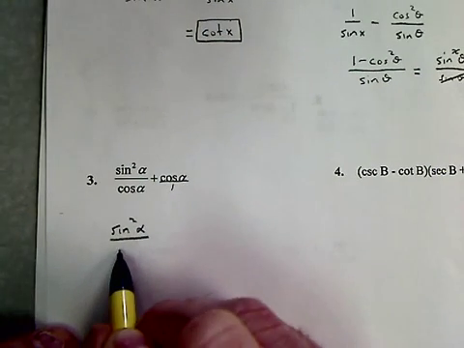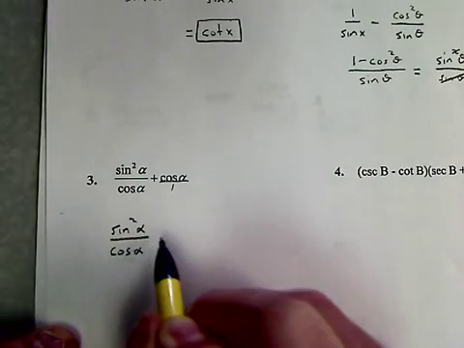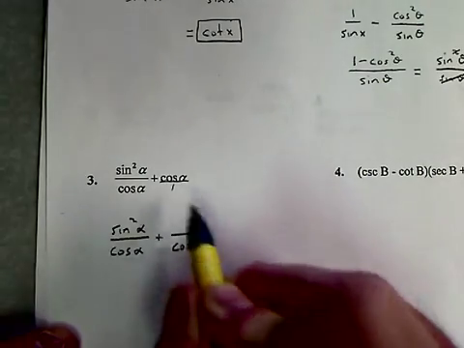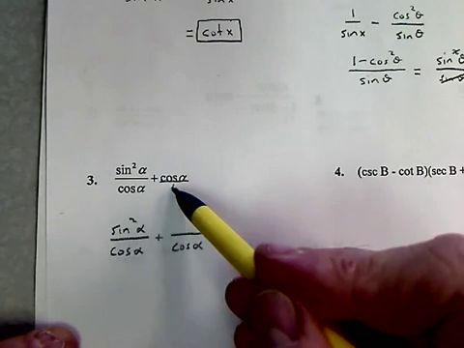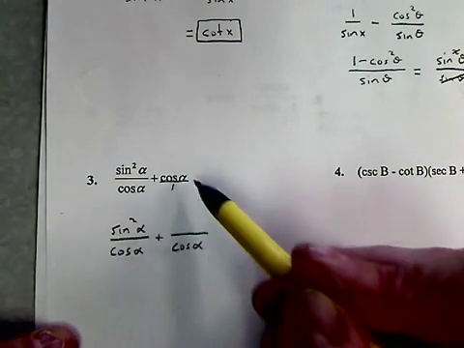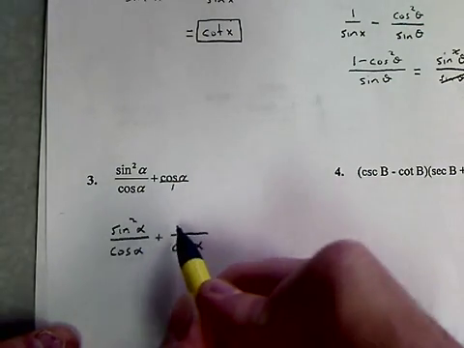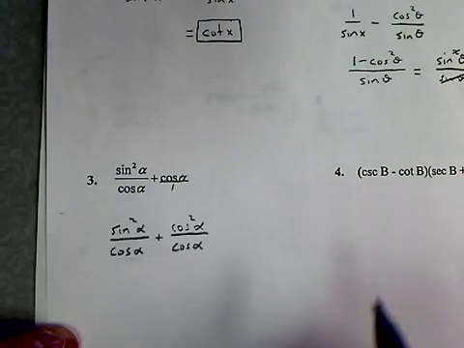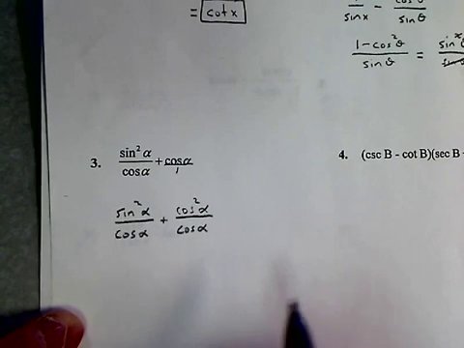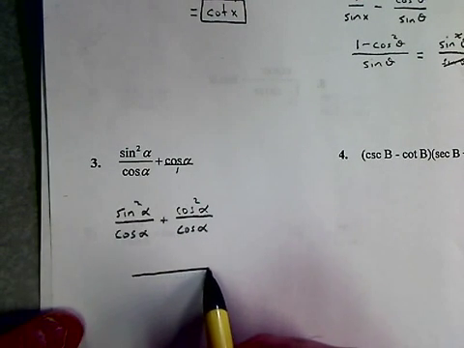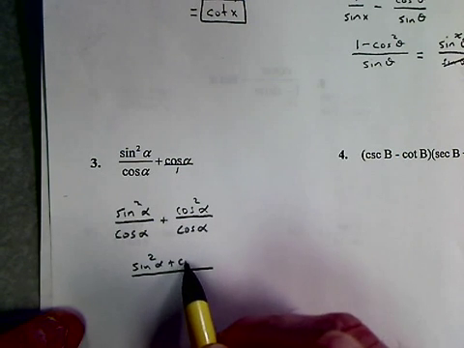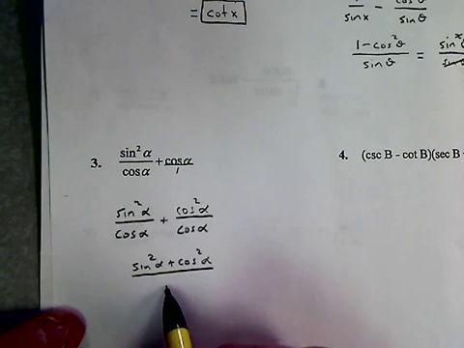So this fraction doesn't change, but I have to put cosine below here. Well, if you multiply this denominator by cosine, you have to multiply the numerator by it. Thus, that makes the numerator cosine squared. Now you can combine these into one fraction, sine squared plus cosine squared, all over cosine.